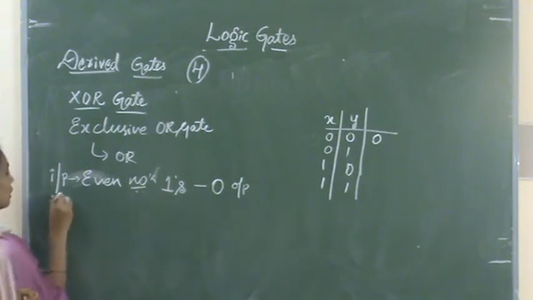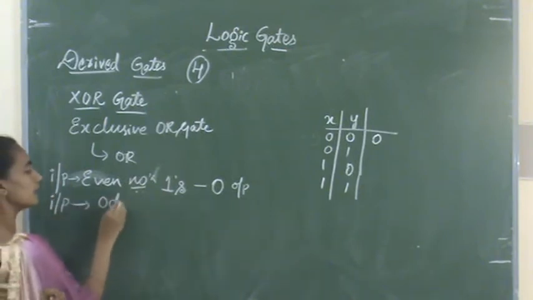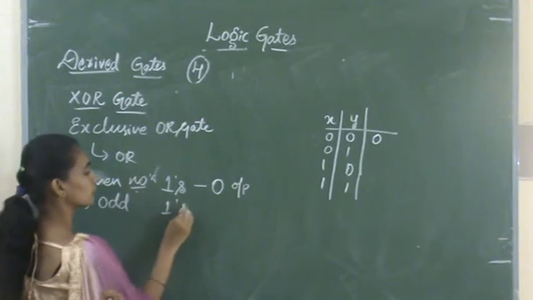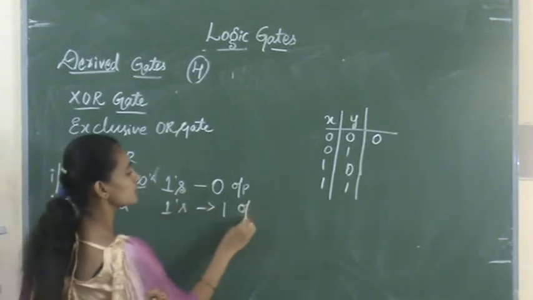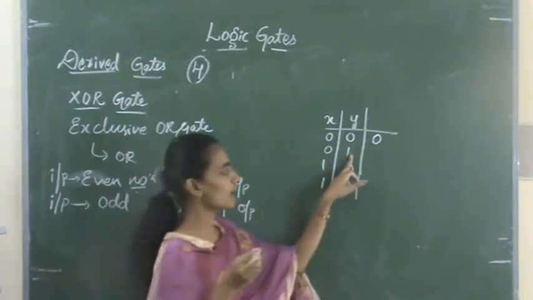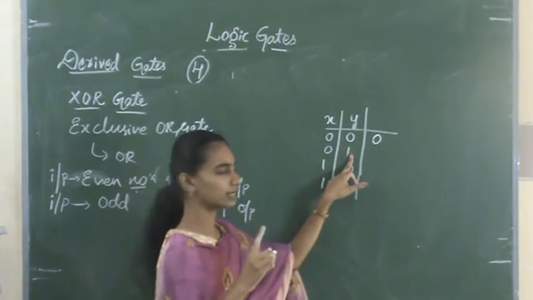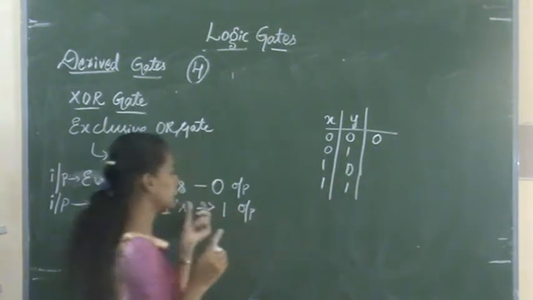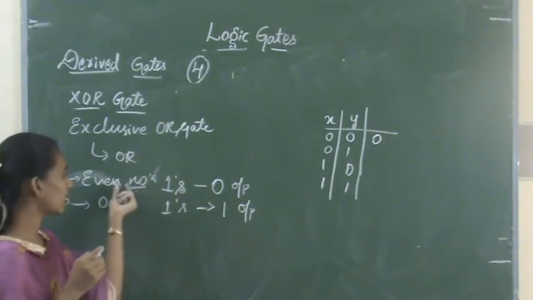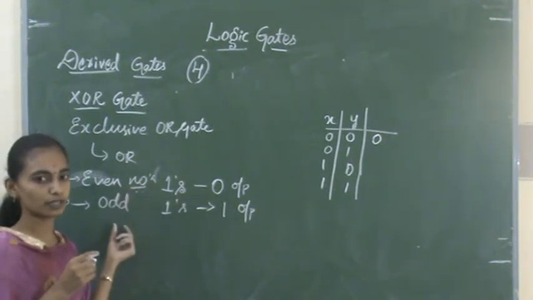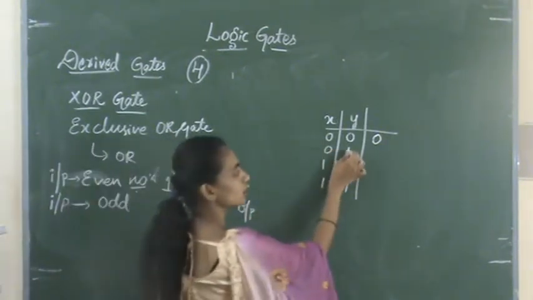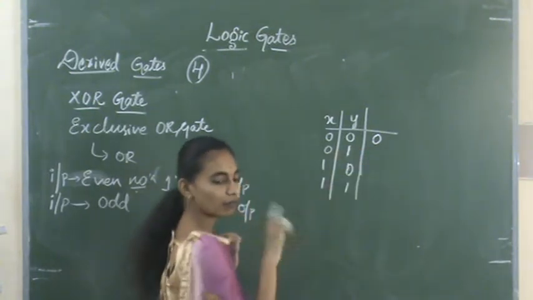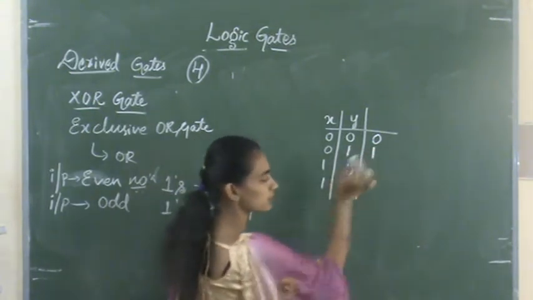If the input has an odd number of ones, then the output is 1. So here we have a 1 and a 0. How many ones do we have? Either an even number of ones or an odd number of ones. We have an odd number of ones, only one is there, so the output is 1.